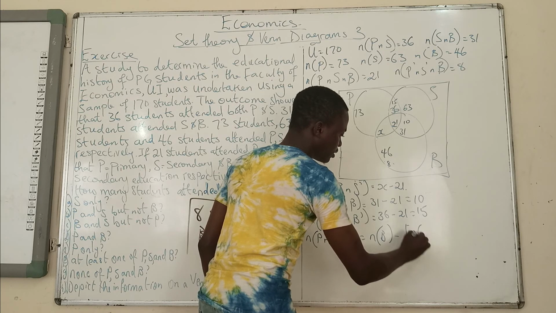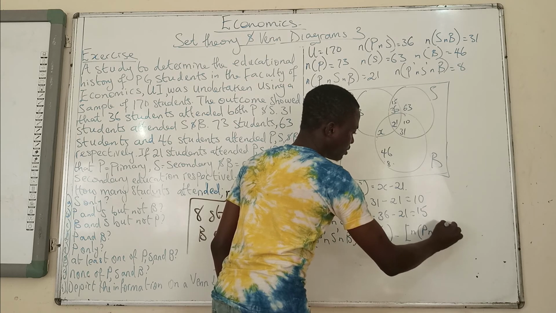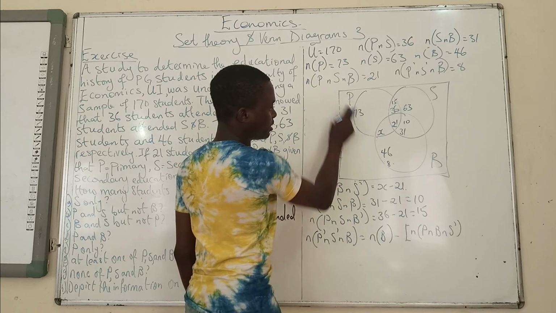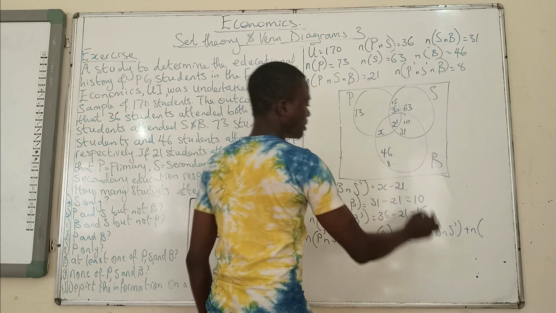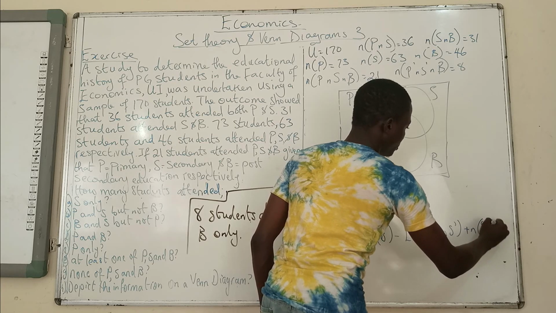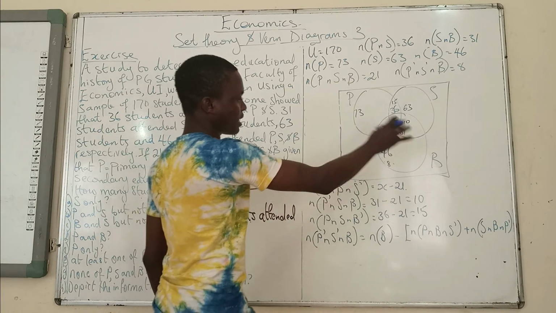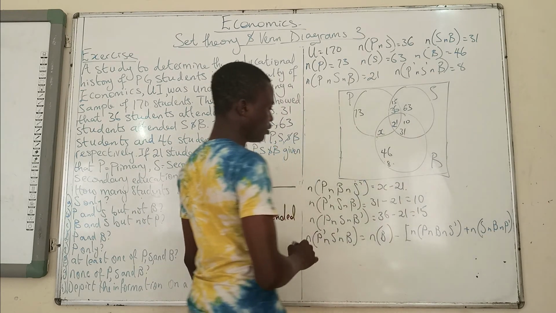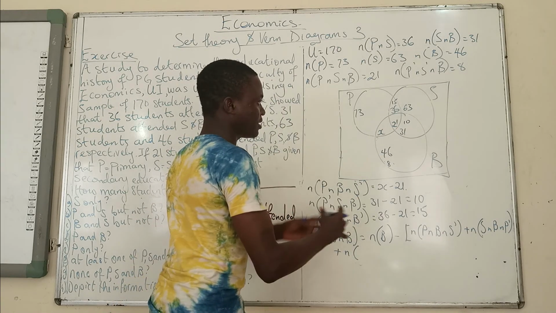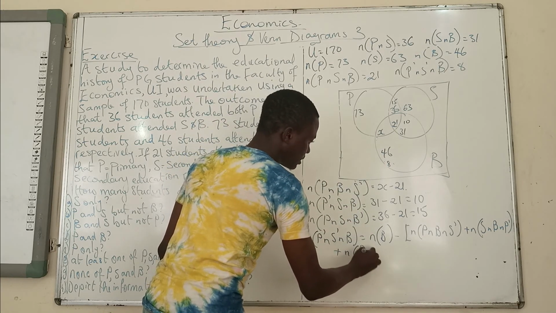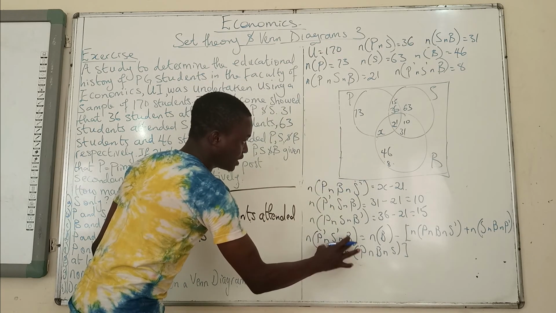So we have the cardinality of P intersection B intersection S prime, that is this and this alone, then plus the cardinality of, we open the bracket, S intersection B intersection P prime, that's telling us the number of students that attended S and B alone, then inside that bracket still plus the cardinality of the number of students that attended the 3, P intersection B intersection S. So we close that. So now we already have this as 8 from the question.